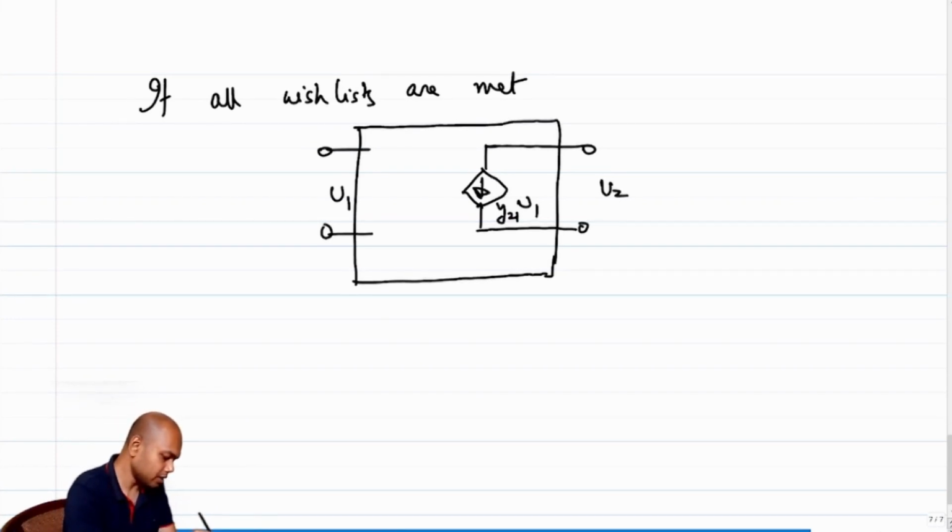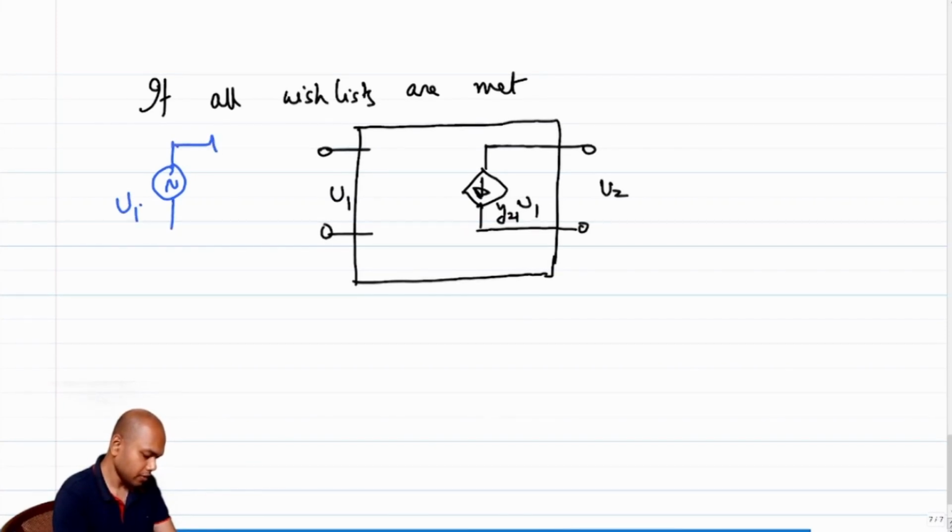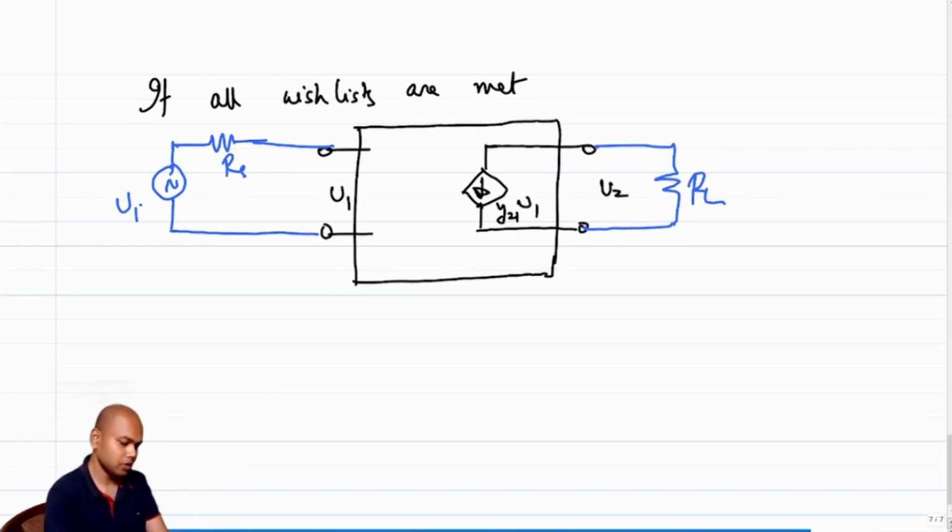And if I stick an input source Vi, and stick a resistance RL at the output node, and this becomes V0, what do you think will be V0 over Vi? V1 is now equal to Vi.